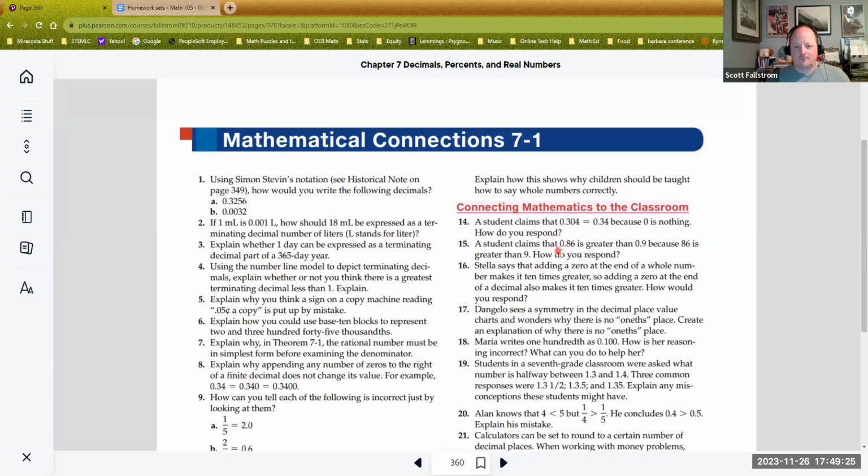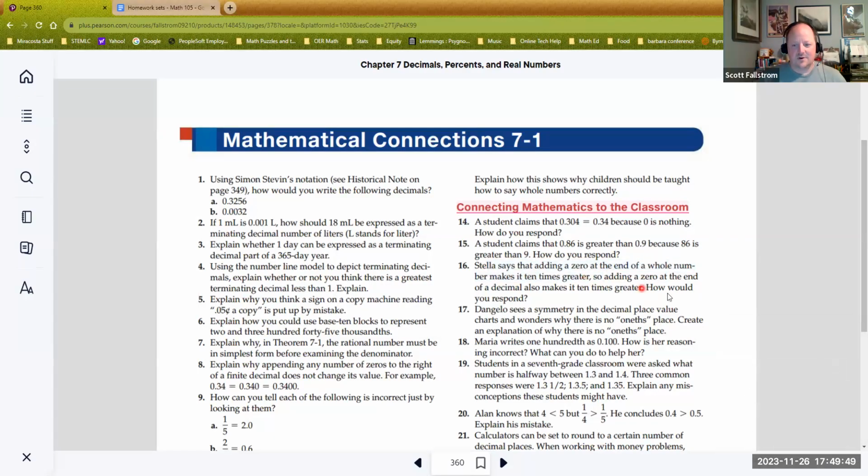All right. 0.86 is greater than 0.9 because 86 is greater than 9. Love it. These are not uncommon, by the way. These are from actual classrooms. They bring these in and put them into these books so you get ready for what students are actually going to be saying. Let's see here. Stella says add a 0 at the end of a whole number to make it 10 times greater.